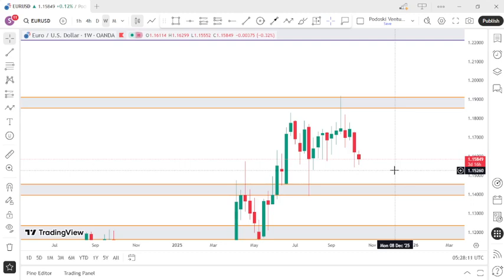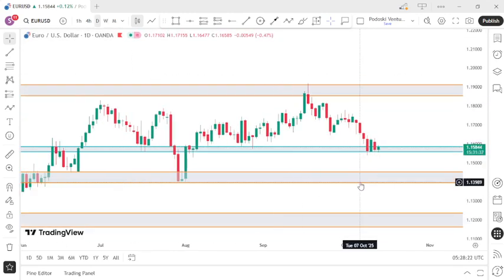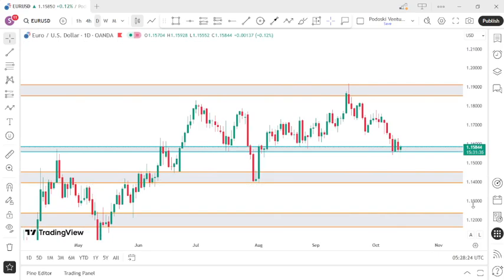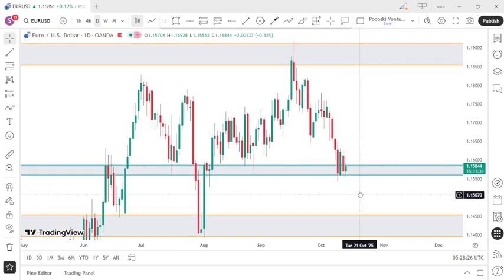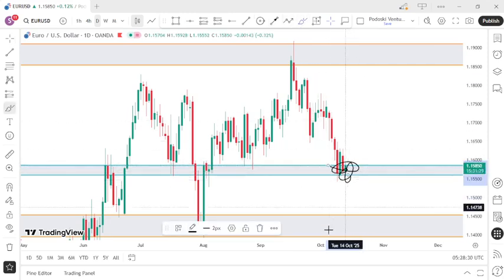So let's go over to the daily, then over to the 4 hour and see how we can pick an entry on Euro USD. Here we are on the daily time frame and I have my daily midway zone here.